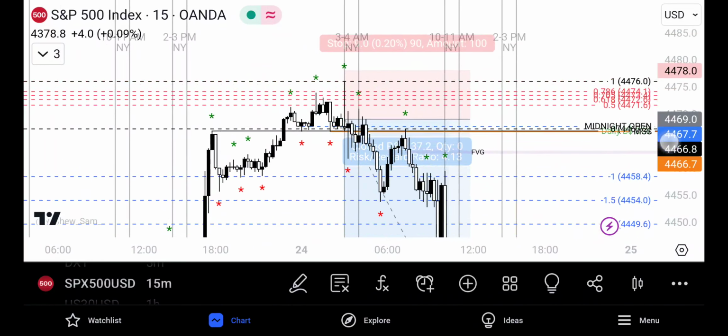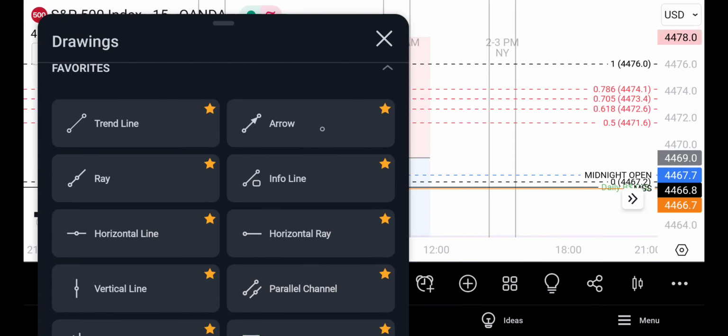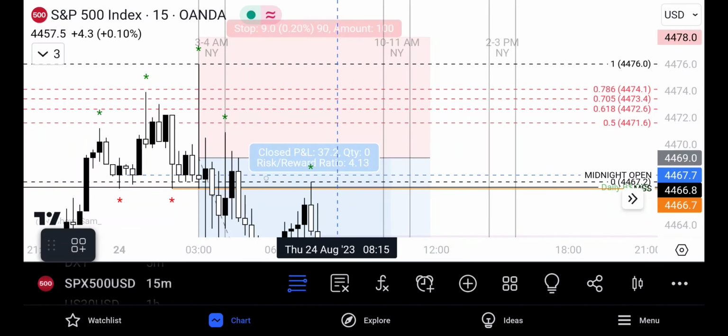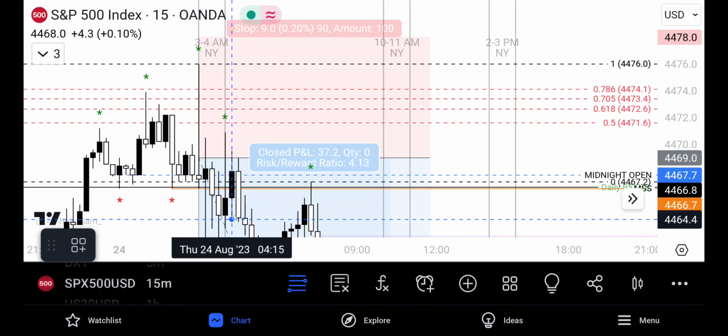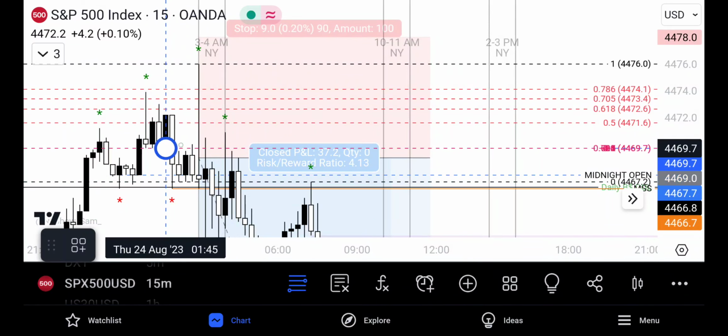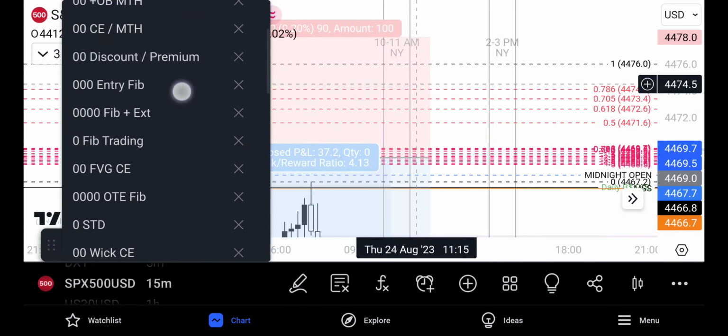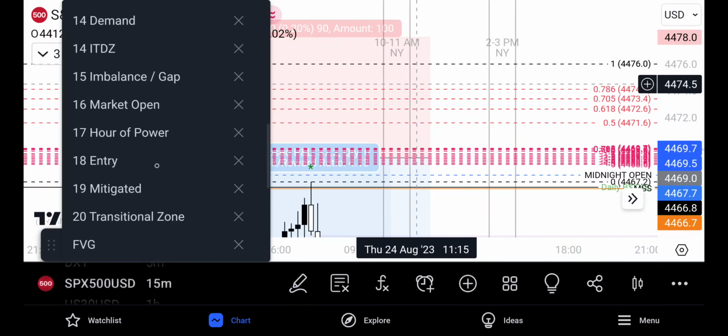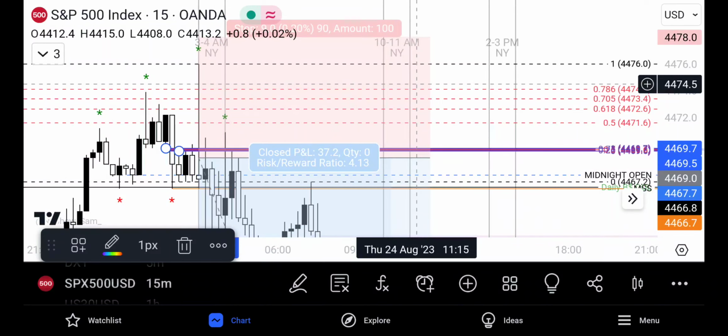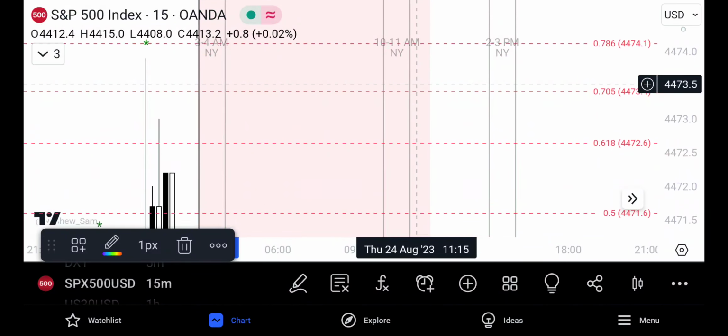If you look right here, I'm just gonna pull it up for you guys. This was a small fair value gap right here before the silver bullet time frame started.